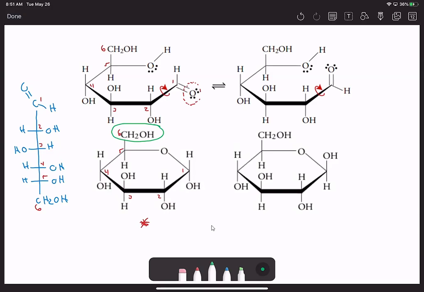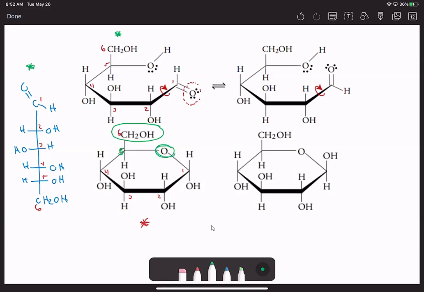This structure is a Fischer projection, and this is a Haworth structure. When we make a ring structure from the Fischer projection, there's an oxygen on carbon number 5.